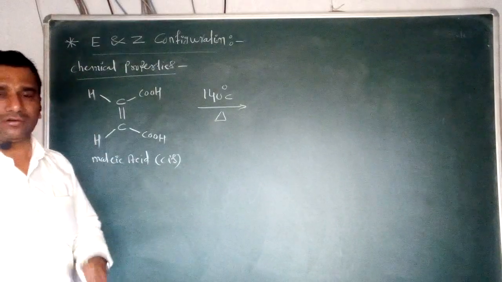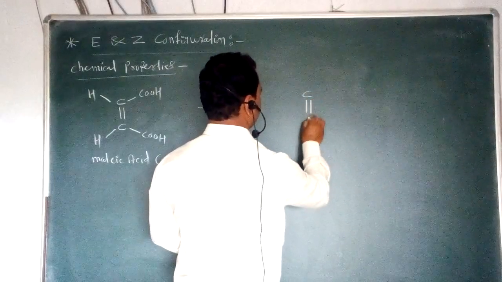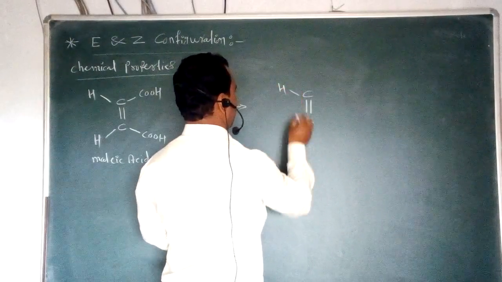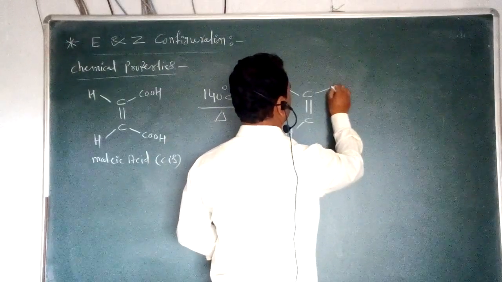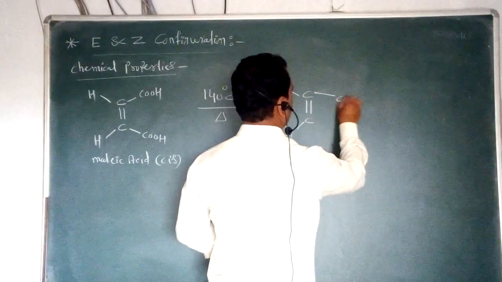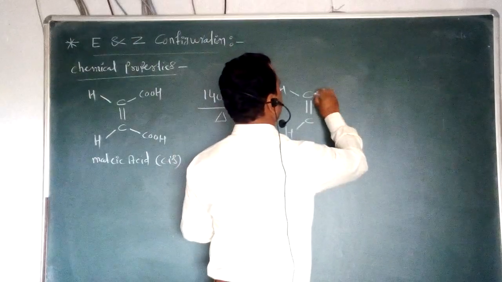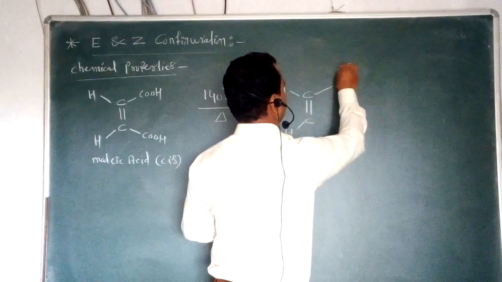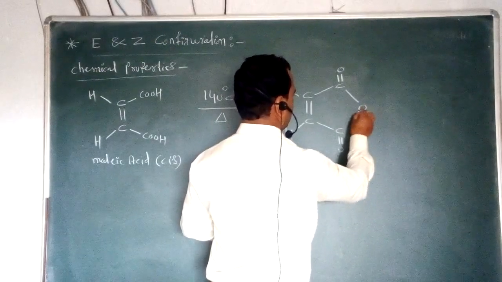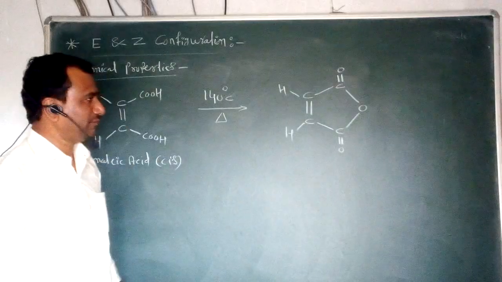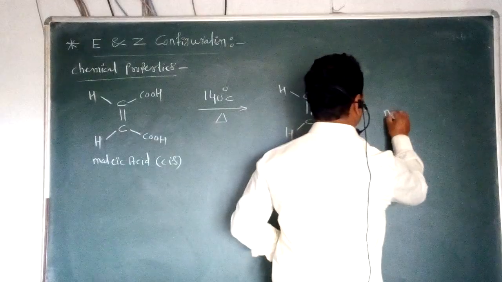This malic acid undergoes a cyclization reaction and it can form one type of cyclic compound, that is C double bond O. This type of cyclic compound can be formed from this molecule, and this compound is called the malic anhydride.